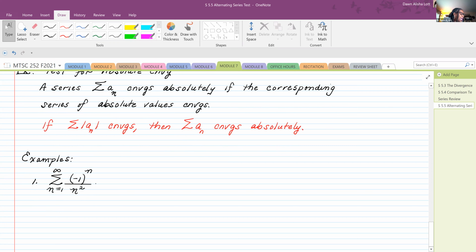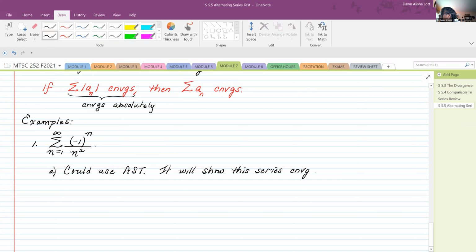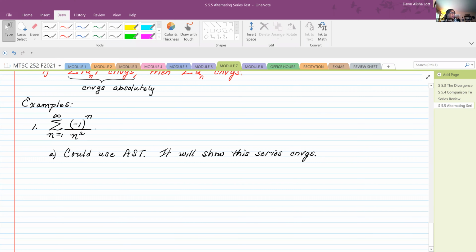Any series that converges absolutely converges. So for one, I could do the alternating series test on this, and it will show this series converges. I think you should practice that.